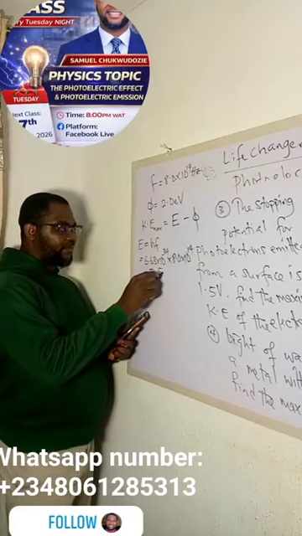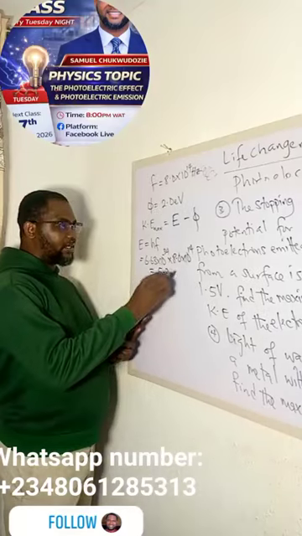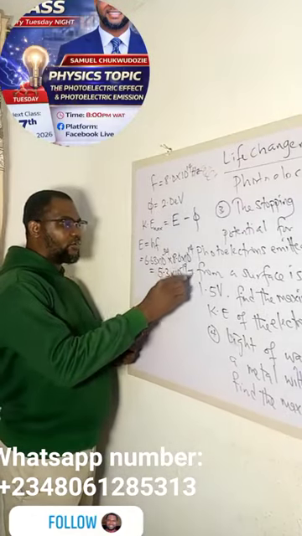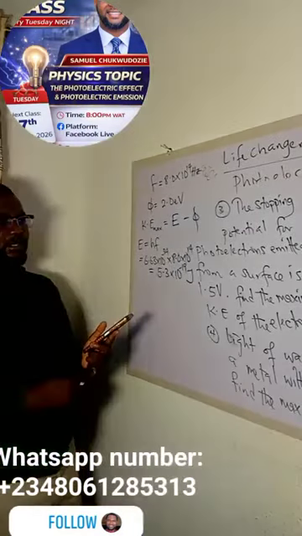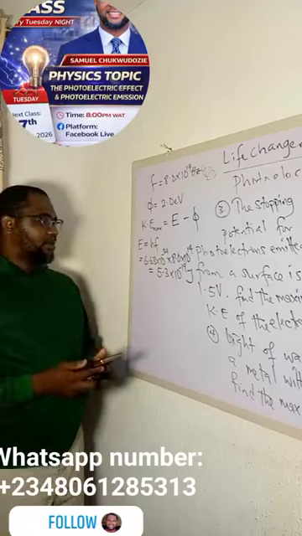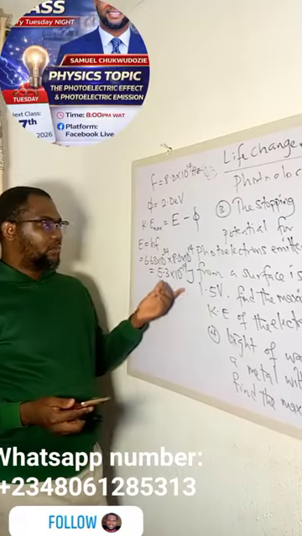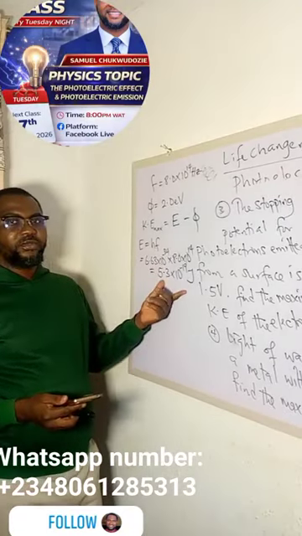Okay, so this is approximately 5.3 times 10 raised to the power minus 19 joules. That's important. Remember, this formula is in joules.